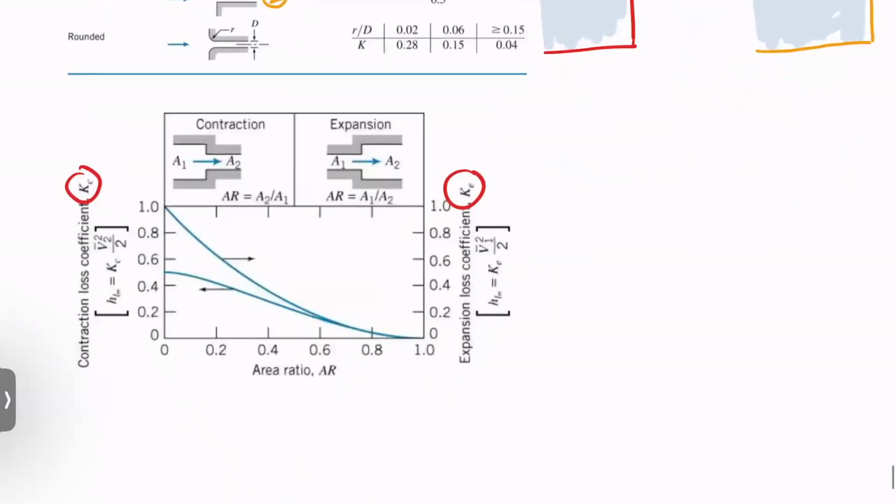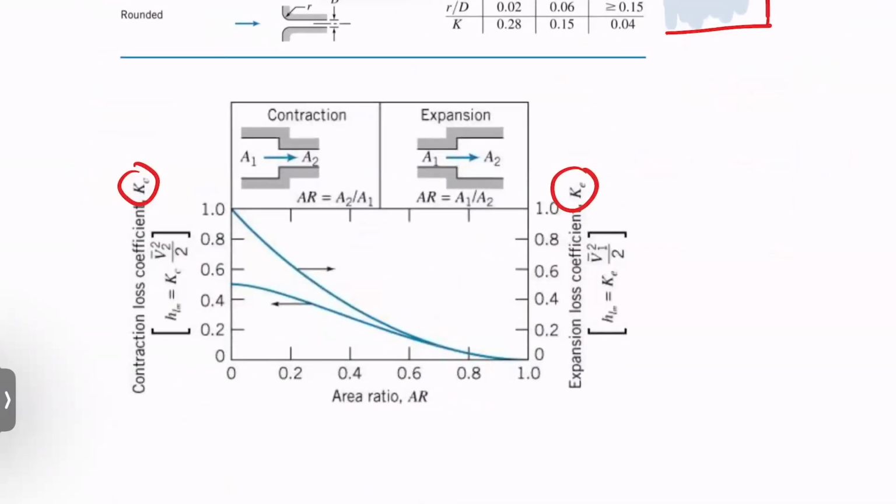And then this one, this bottom one, is the toughest one to use. It's not quite interpolation, but I think initially this chart is a little confusing, so I'm going to show you a color coding on it that will hopefully clear it up. Essentially, if you have a pipe that very quickly contracts or expands, there will be a loss affiliated with that. So the first step is to identify whether you have contraction or expansion.